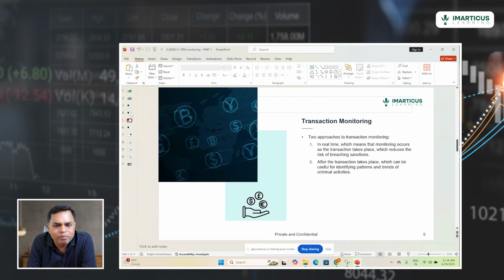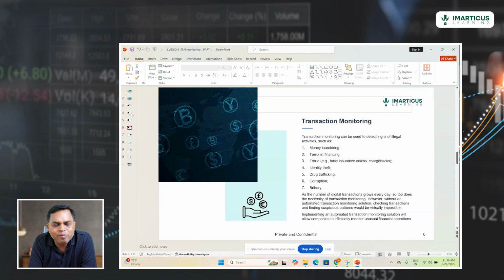The second method is manual, where an AML analyst downloads the list of transactions done by the client and evaluates each transaction. So transaction monitoring can be real time or manual, depending on the requirement of the bank.